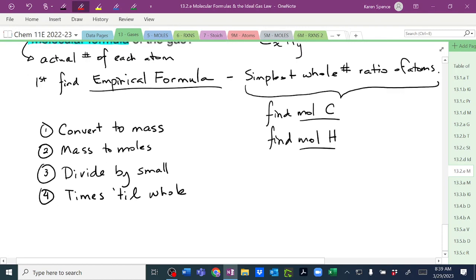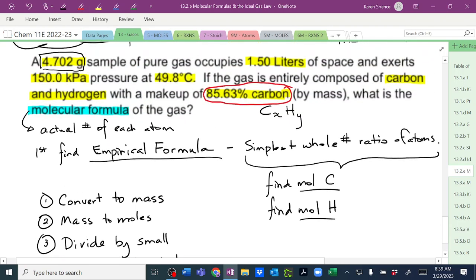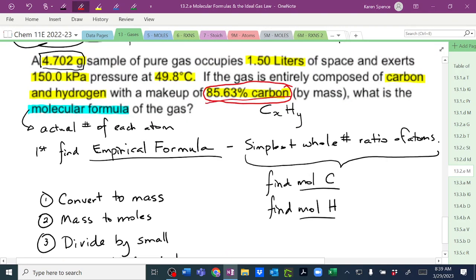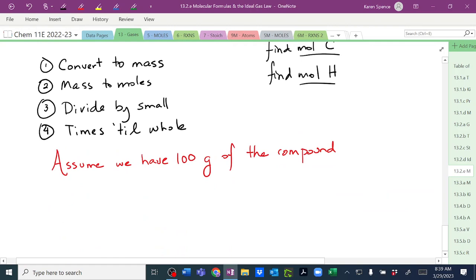If we assume we have 100 grams of the compound, that means that we will have 85.63 grams of carbon, since we have 85.63% carbon in the compound.